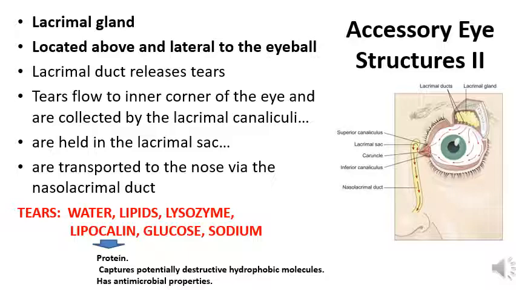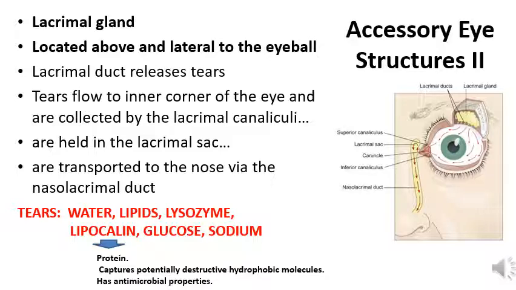So you've got this method of constantly getting tears across the eye, and those tears are constantly being drained out, so therefore you're not going to be tearing constantly. The tears flow in, the tears flow out, ultimately into the nose via something called a nasolacrimal duct.